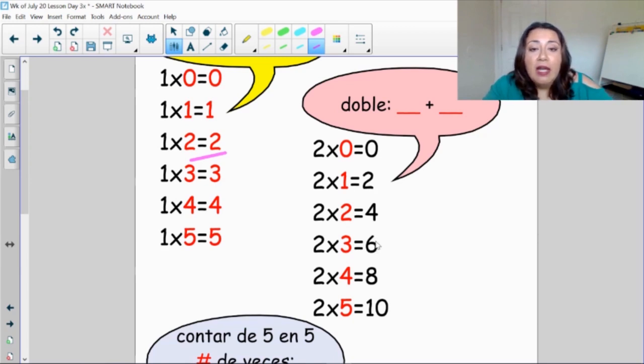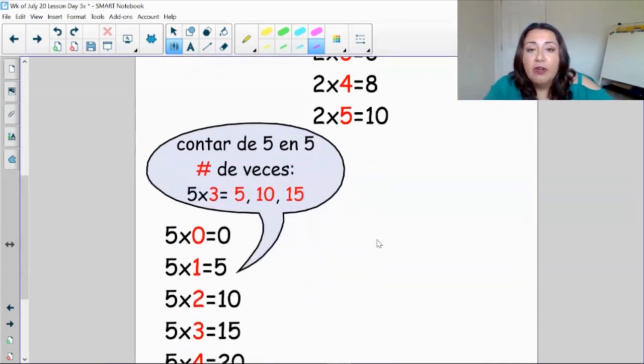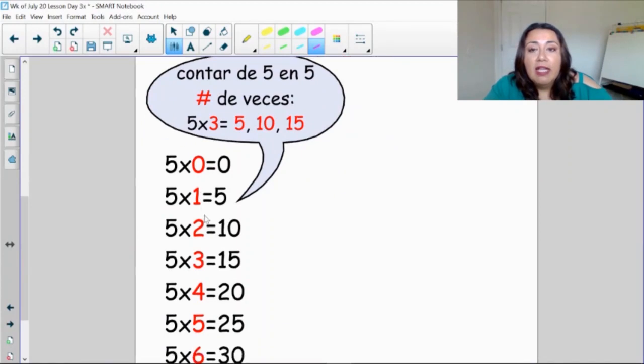La última estrategia que les quiero recordar, la tabla del 5. La tabla del 5 es simplemente contar de 5 en 5, la cantidad de veces que nos dice el factor. Por ejemplo, si estamos multiplicando 5 por 3, vamos a contar de 5 en 5 3 veces: 5, 10, 15. Algo que deberíamos haber aprendido en primer grado.